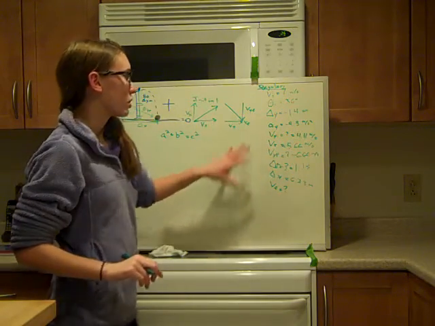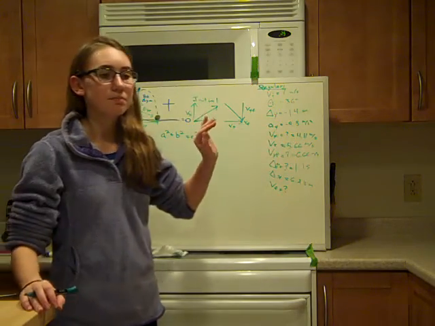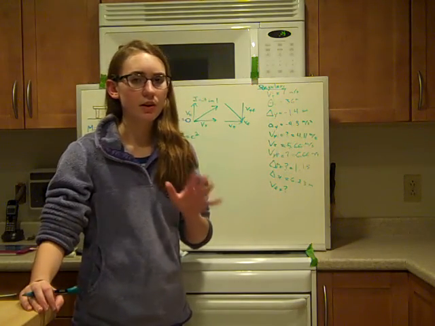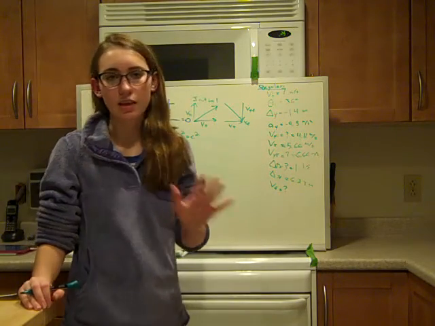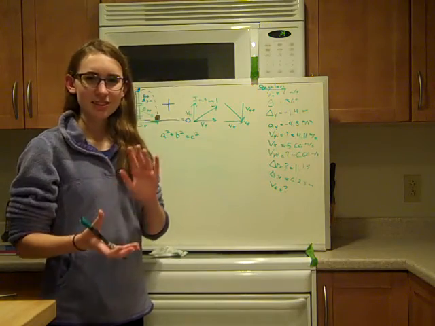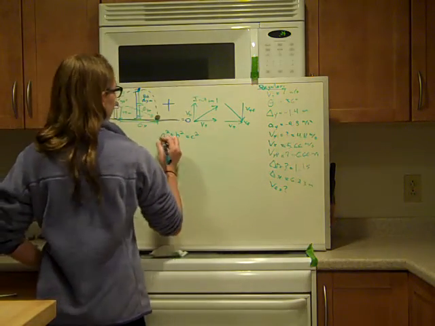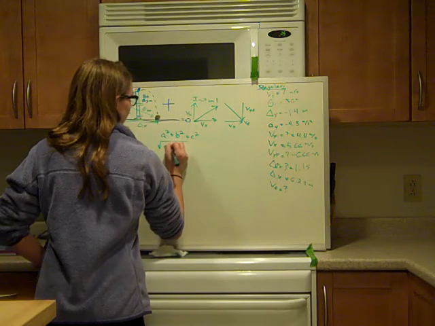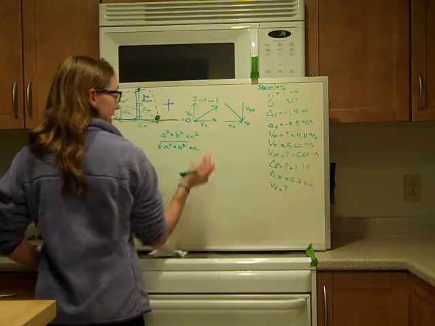Right now I'm just going to show you how we can use this theorem for this. Don't worry if you don't understand how this works, because you can just plug it into the equation and you'll be fine. This is just some backstory behind it so that it makes a little more sense when we do it. The square root of a squared plus b squared is equivalent to c.